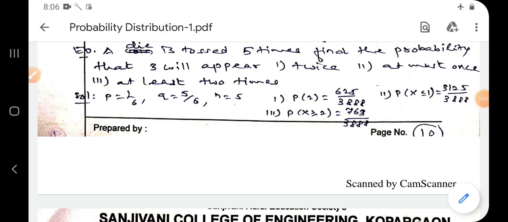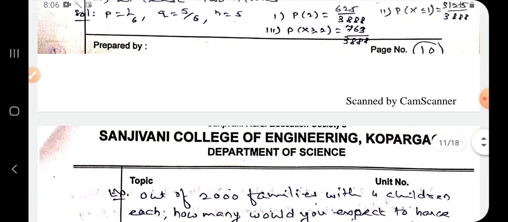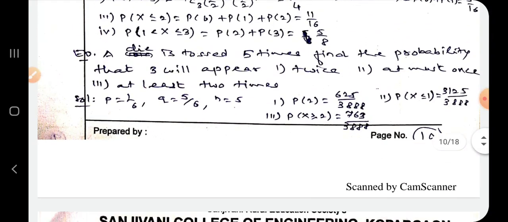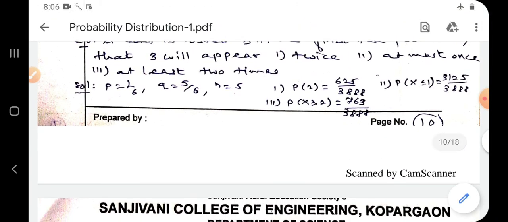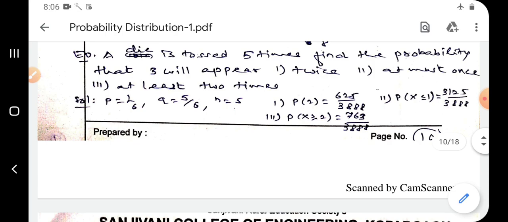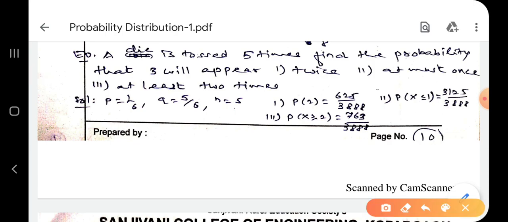Here a coin is tossed 5 times. Find the probability that 3 will appear twice. Second one is at most 1 and third one is at least 2 times.